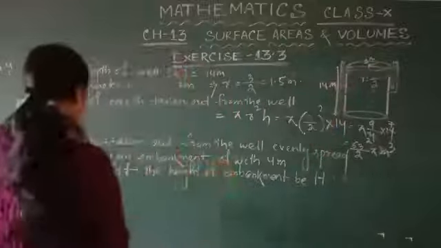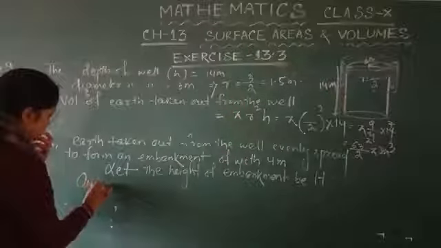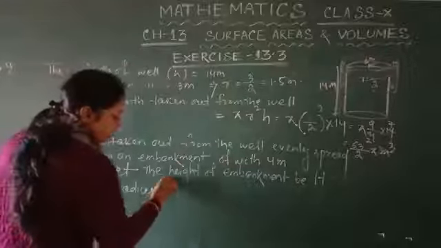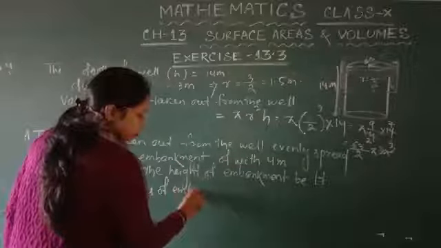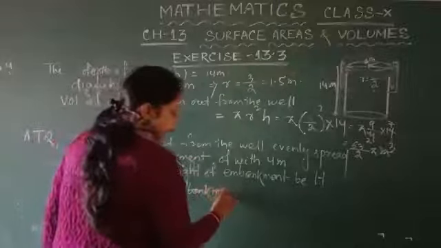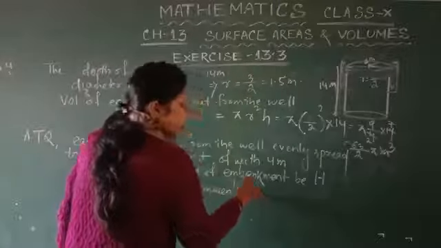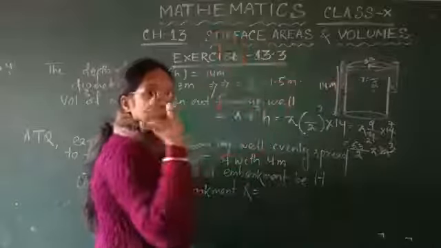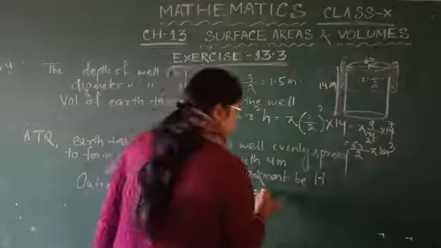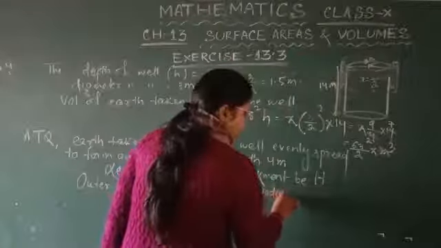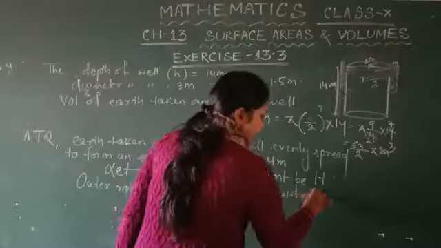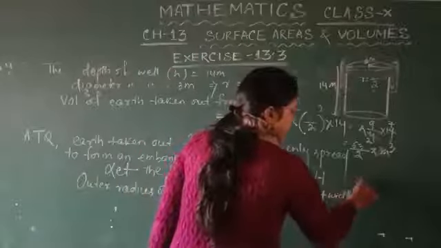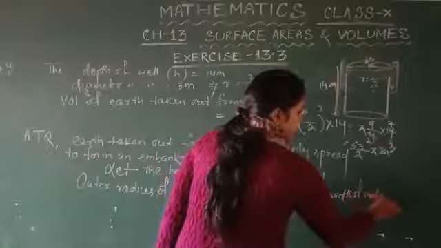So first here you write the outer radius of the embankment, that is capital R, is equal to what? Now the radius of the well plus the width of the embankment.